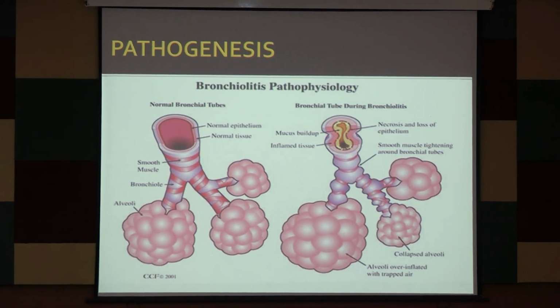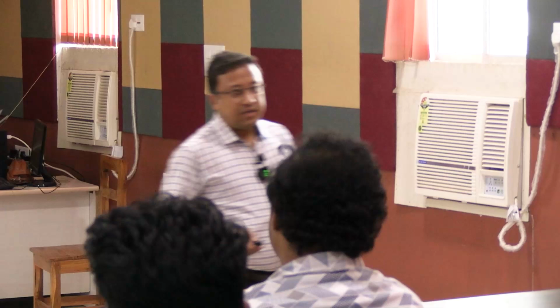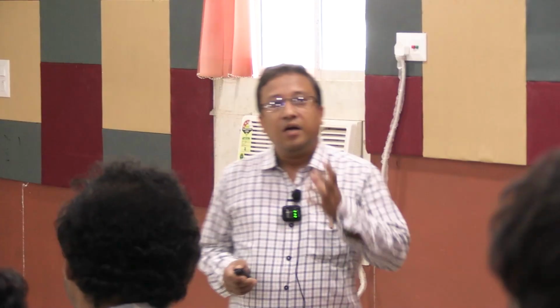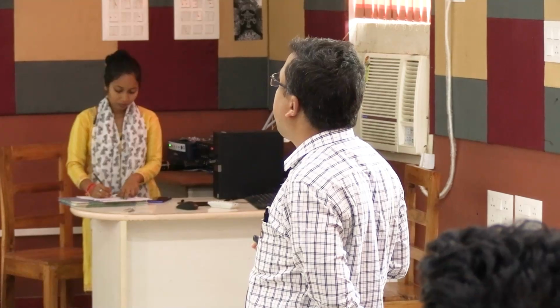So there is blockage of the tube, and you know that the resistance is inversely proportional to the fourth power of the radius. So when the tube is being occluded, there is resistance of the airway. So the child will have some difficulty in breathing. The smooth muscles are also tightened around the bronchiolar tubes, and as a result, when the obstruction is partial, it acts as a ball valve mechanism.